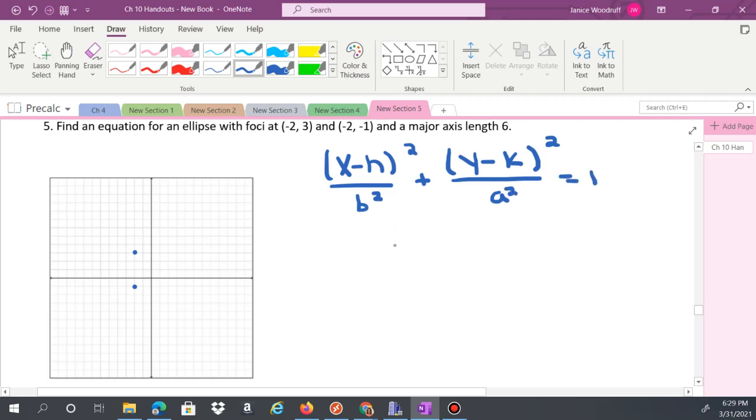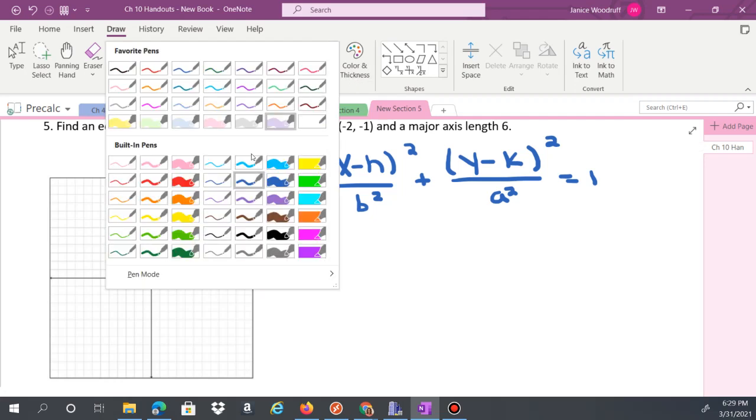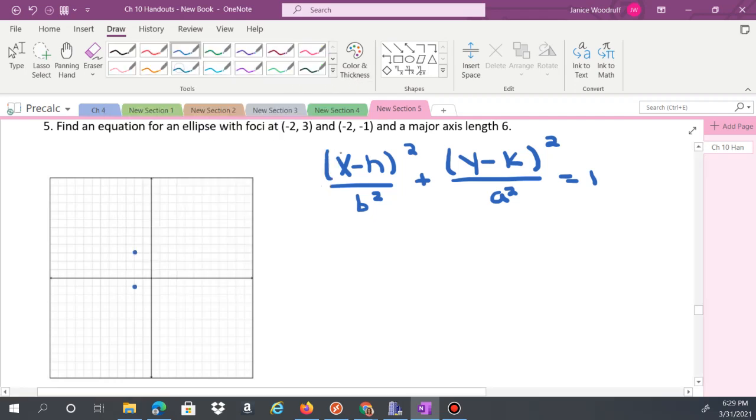Okay, and then the major axis length is 6. Well, we've got to find the center first before we can put that major axis on there. So let's see. We've got these 2 points here. Where's that center? Right here? That looks good, right? 1, 2, 3, 4. Yeah, 4 divided by 2 is 2. So the center is right here at the point (-2, 1). Okay, so there's my h and my k.